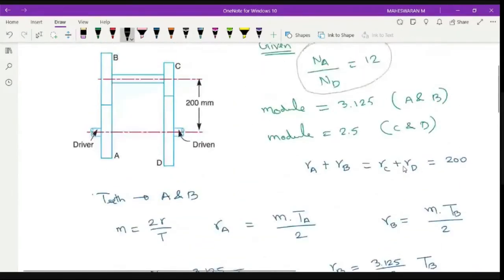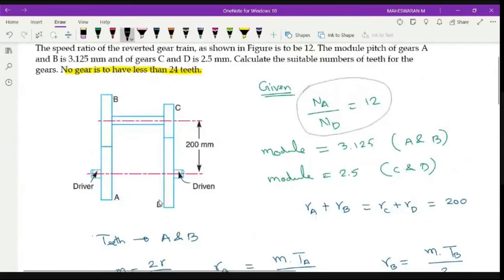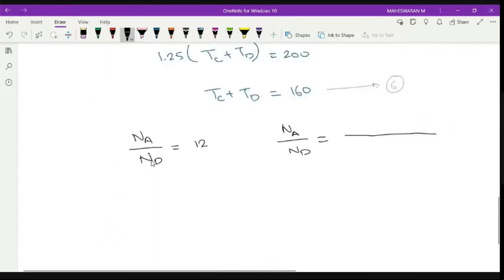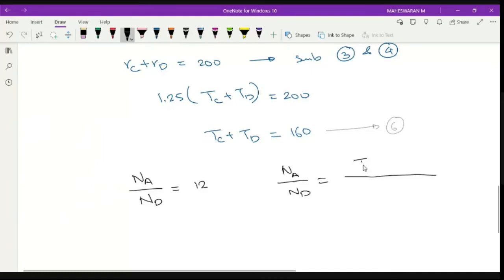Which are the driven gears here? B and D, not C and D, B and D are driven. So A and C are driver. So I can write as TB into TD divided by TA into TC.